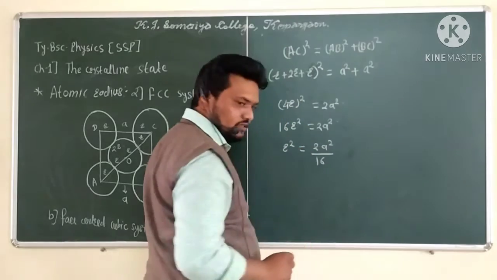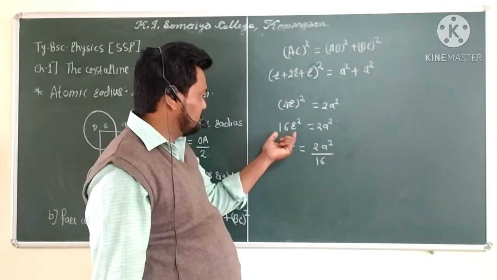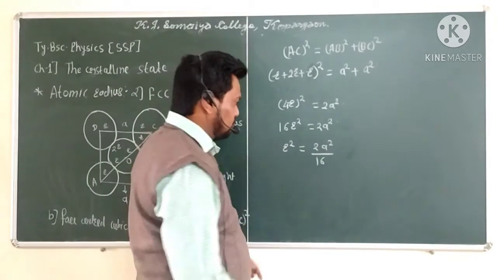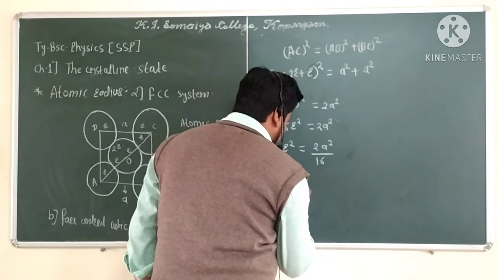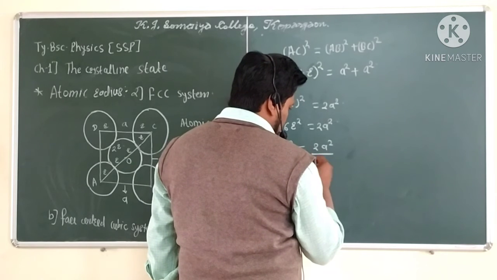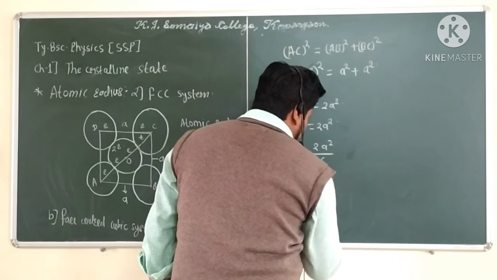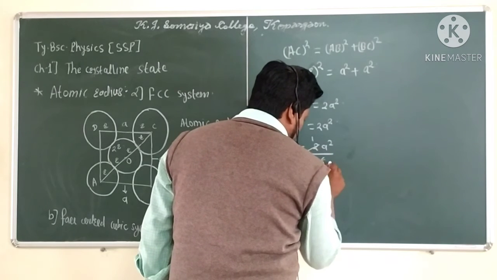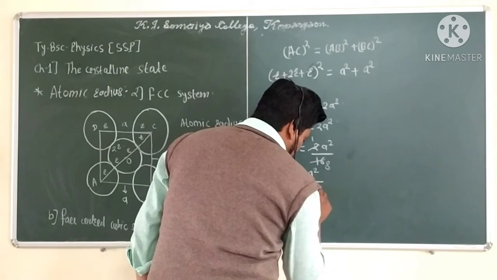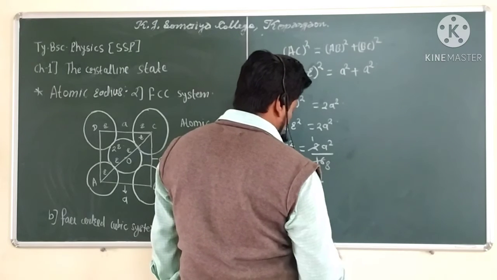Okay, so 4R whole square is equal to 2A square, so squaring this side gives 16R square, and this 16 goes to the denominator of the other side, so the relation will become R square is equal to 2A square divided by 16, and this 16 we write in terms of 4 into 4, so R square is A square divided by 8.